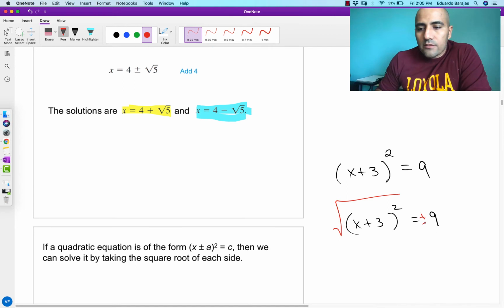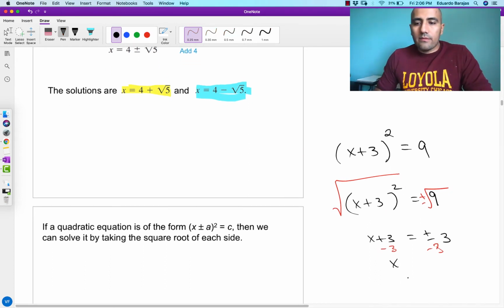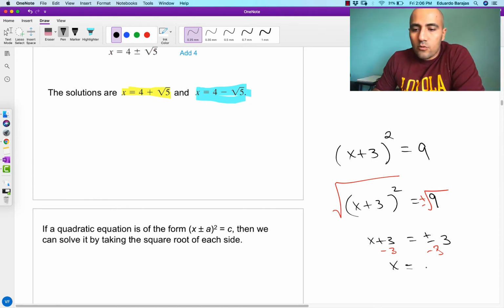And then I have to do plus or minus the square root of the right-hand side. So I'll end up with x plus 3 equals plus or minus 3. And so finally, for x, let's subtract 3 from both sides, minus 3, minus 3. We end up with x equals negative 3 plus or minus 3. So we get two answers.